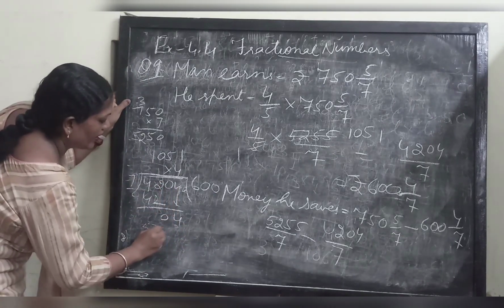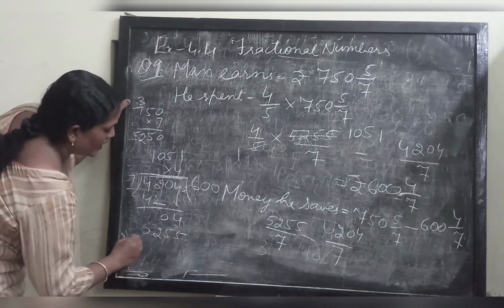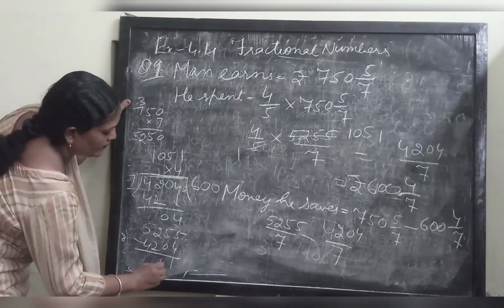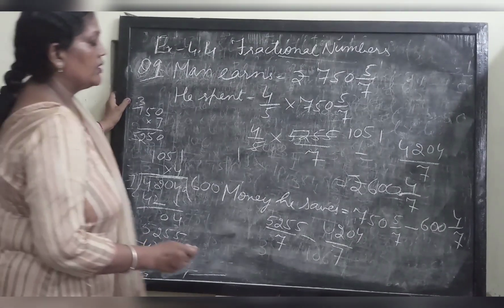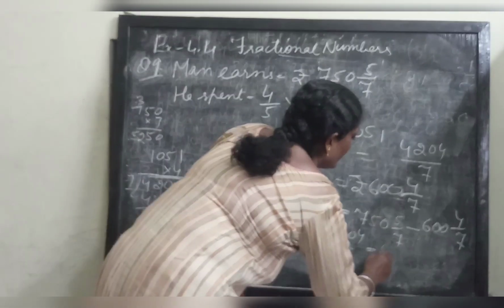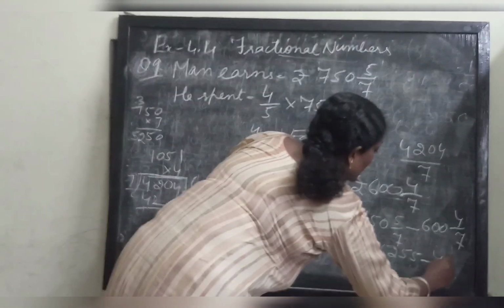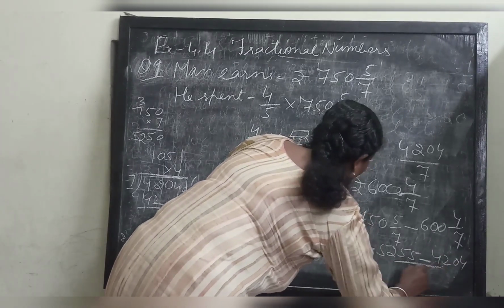Subtract it. 5255 minus 4204 is 1051. That is, here you will write 5255 minus 4204 over 7.